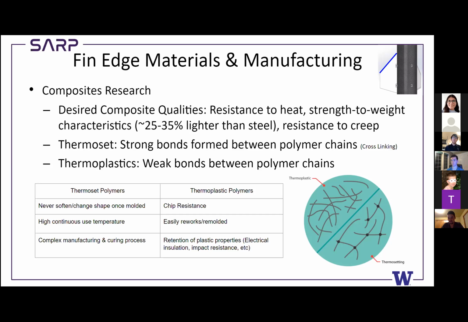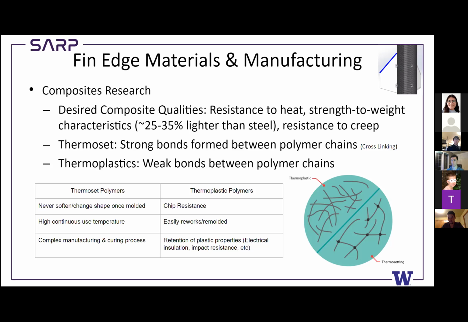Thermoplastics have weak bonds between polymer chains, which result in materials maintaining the plastic mechanical properties such as electrical insulation and impact resistance, and makes it easier to work with, but it does tend to deform under heat. Conversely, thermosets have stronger bonds between chains due to cross-linking.